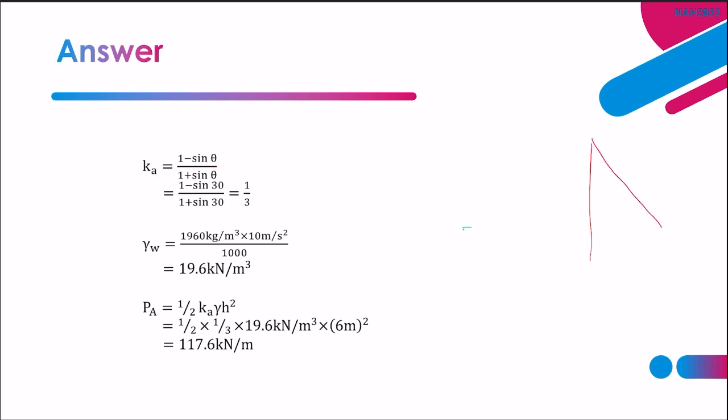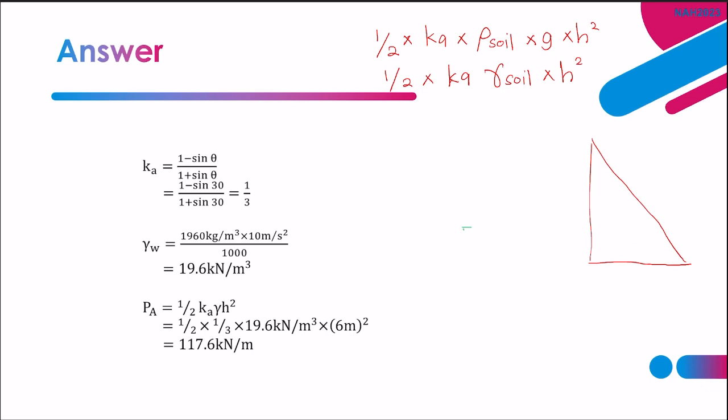Untuk calculate the pressure, you have two options whether you nak pakai this formula: Ka, density of soil, darab g dan darab H power of 2, ataupun setengah darab Ka, unit weight of soil, darab H power of 2.